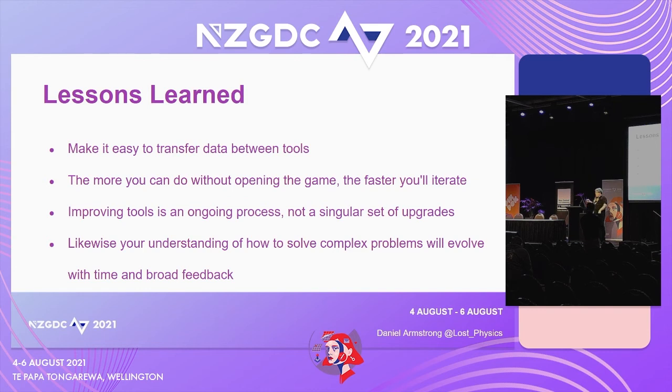So if they can do most of our iteration and testing within the tools, we can save huge amounts of time. And because we treat tools development as an ongoing part of development, we can continue to respond to new changes and feedback. The more we do that, the wider we reach, the more complex problems we'll end up solving.